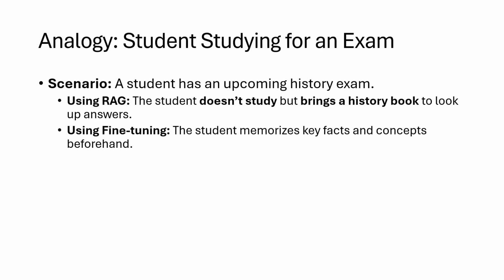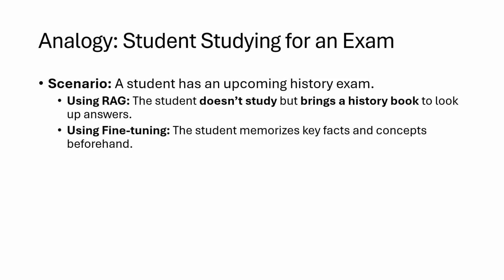Okay, so to better understand this concept, let's use a simple analogy: a student preparing for an exam. Using RAG is like the student doesn't study but brings a textbook to the test and looks up the answer as needed.